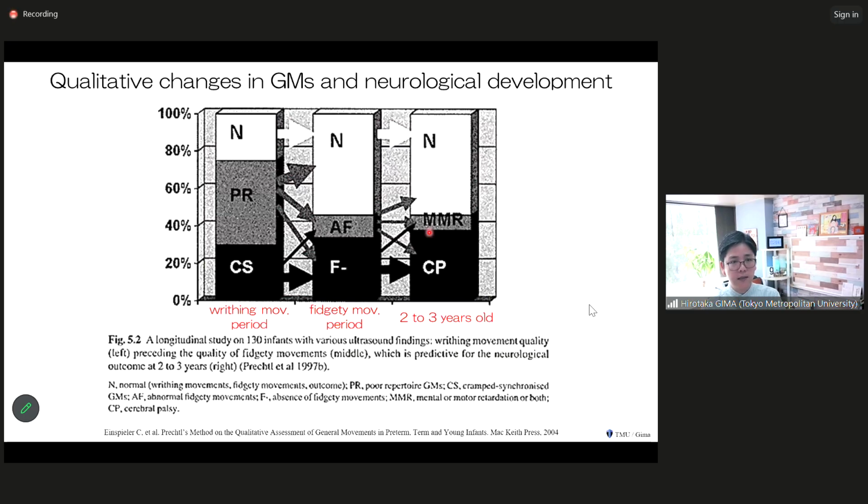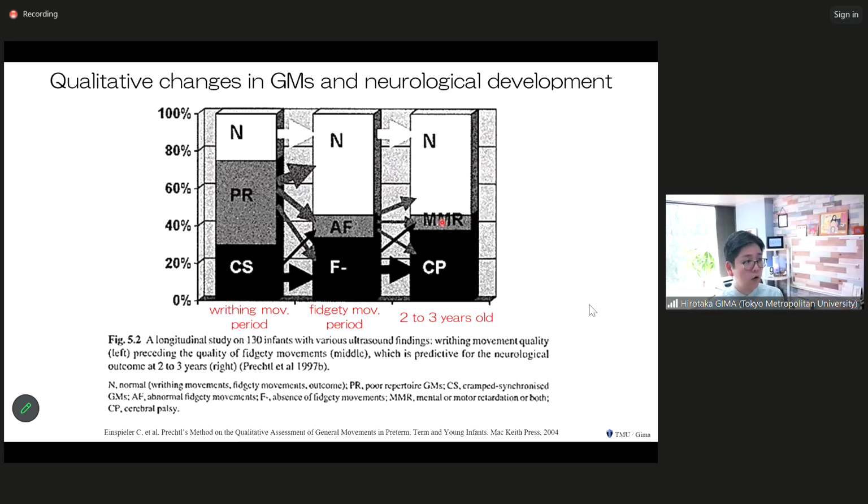This figure is the result of a longitudinal study on 130 infants reported in 1997 by Dr. Prechtl, who defined GMs. This study showed that most infants with absence of fidgety movements later developed cerebral palsy, and those who showed abnormal fidgety movements later developed mental and motor retardation.